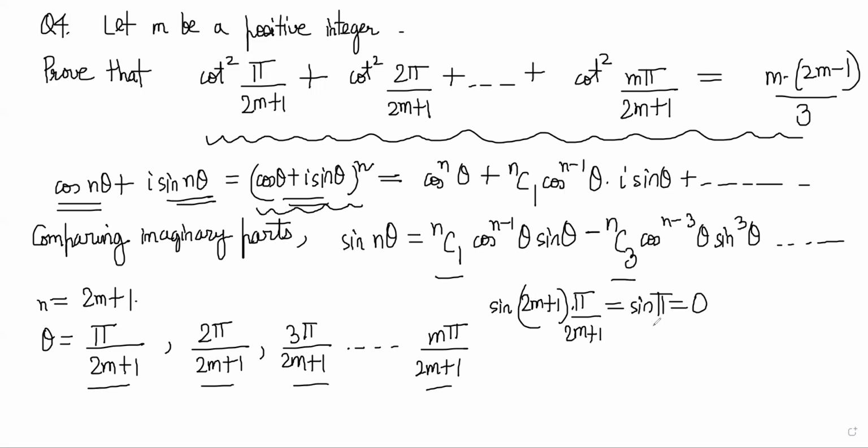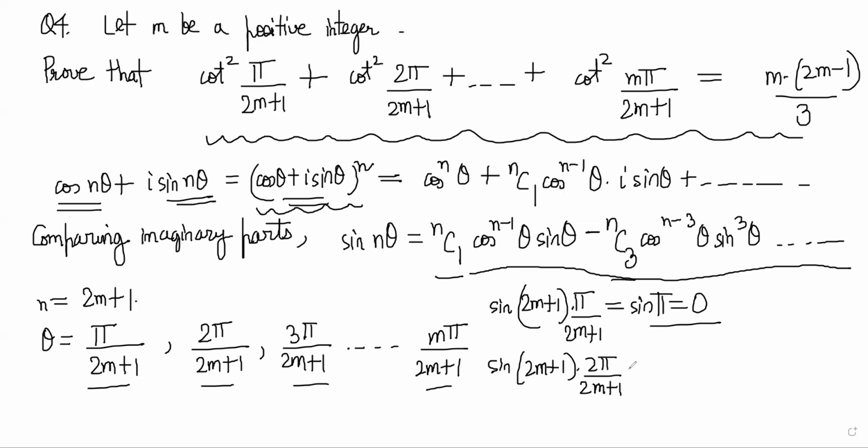So you're getting 0 is equal to this whole expansion. And the next time you would get sine of 2m plus 1 into 2 pi by 2m plus 1, which is sine 2 pi, which is still 0, right? So basically, the left hand side is 0 in all these situations, and the right hand side is equal to 0, right?